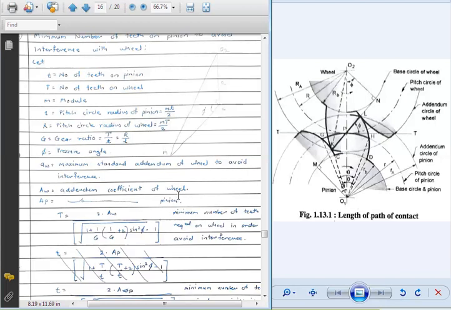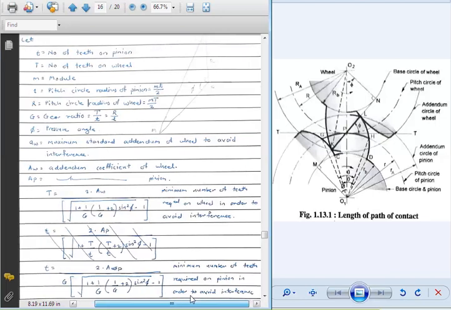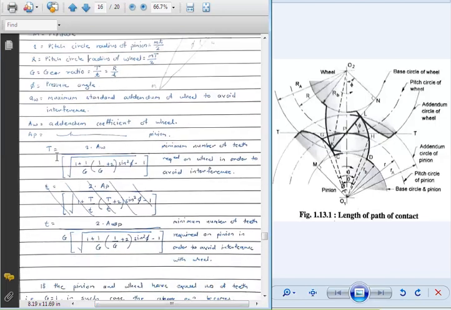Now the formula through which we can get capital T, the minimum number of teeth on the wheel, is equal to 2 into AW upon, in bracket, under root 1 plus 1 upon G in bracket 1 upon G plus 2 into sine square phi, minus 1. This is the formula for the minimum number of teeth required on the wheel in order to avoid the interference.